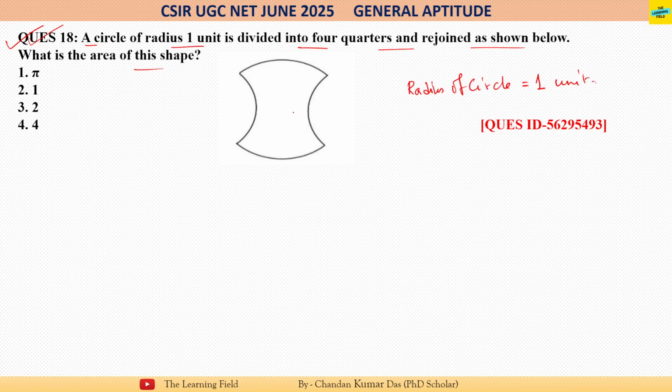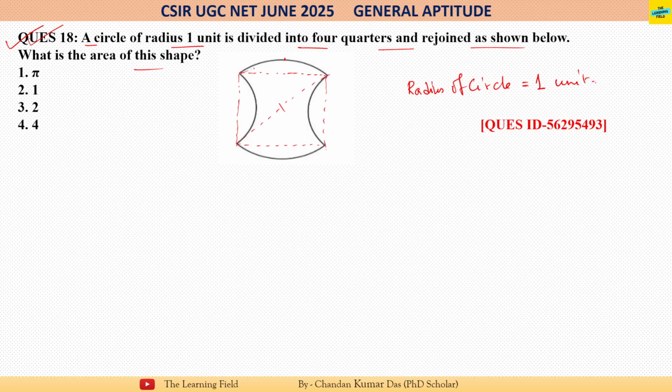Now if we draw the circle, and draw an erect square, this is the diameter and radius 1 unit. What is the area of this?